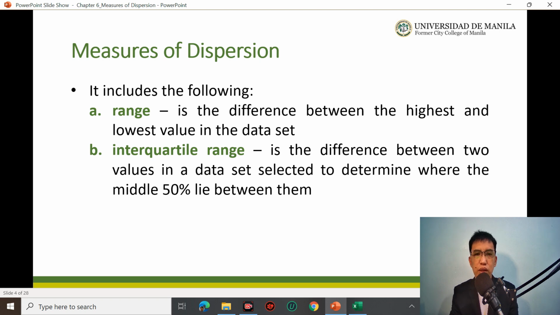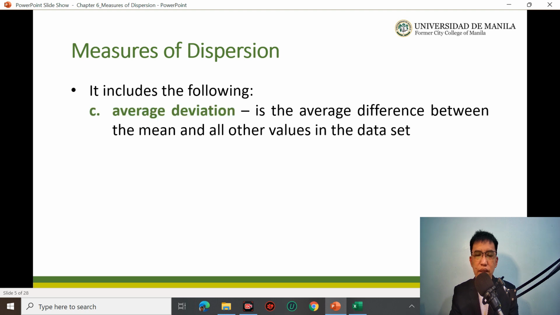The difference between the interquartile range and the range itself is that in the interquartile range, kukunin natin yung between two values, any. Sa range kasi, it has to be the maximum or the highest and the minimum or the lowest value. Sa interquartile, kahit anong value doon, to get the 50% of data that is between them.